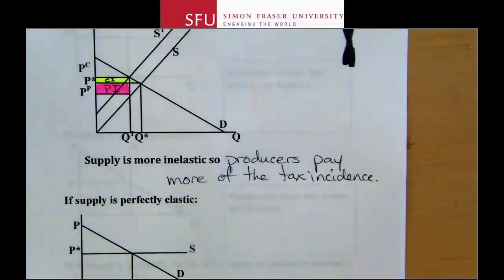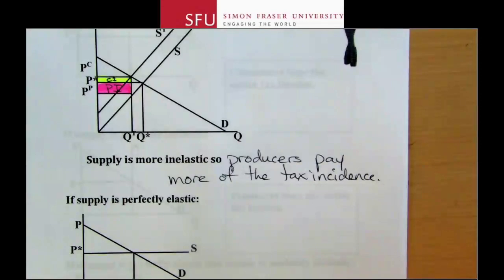So when a tax is applied, it's better to be the more elastic one then. So if you have elastic demand, you won't end up paying too much of the tax.